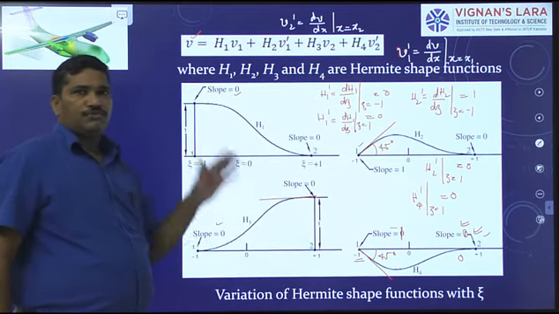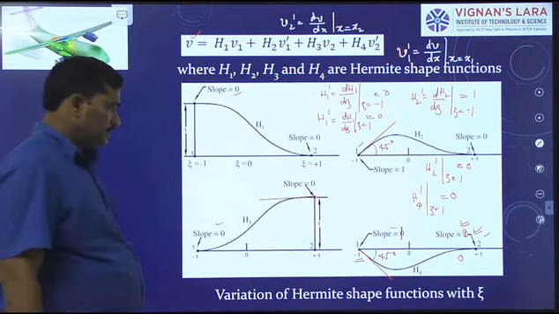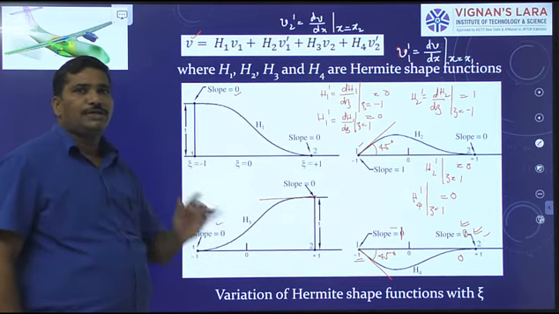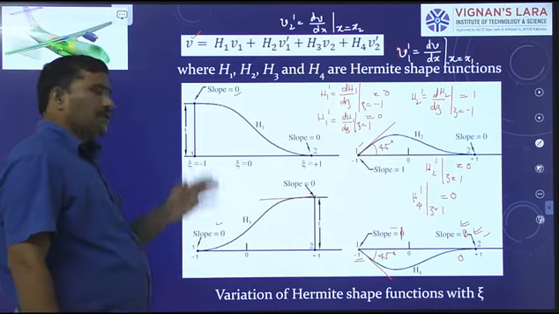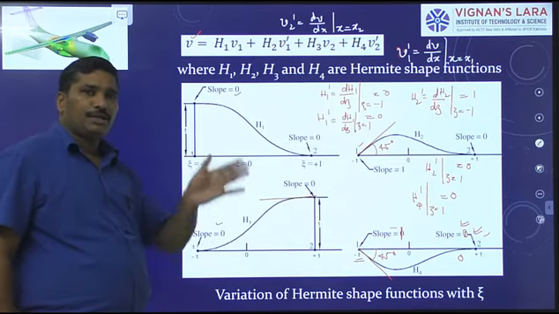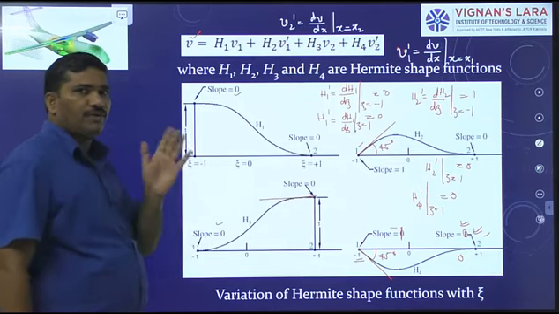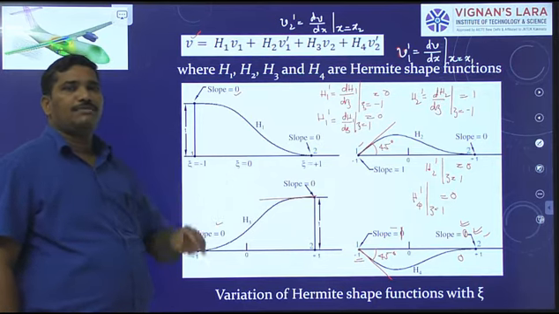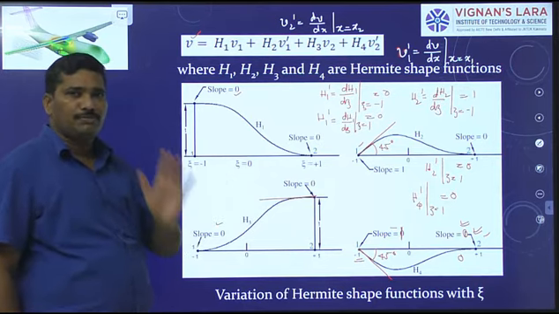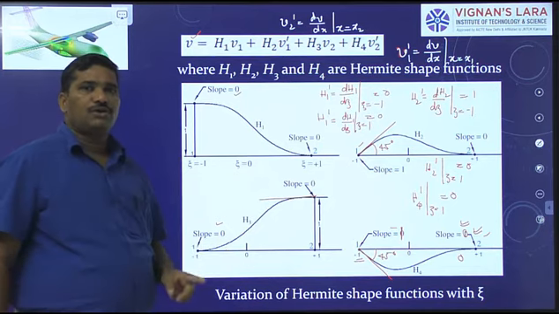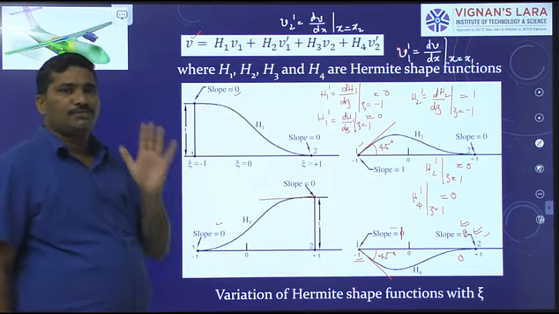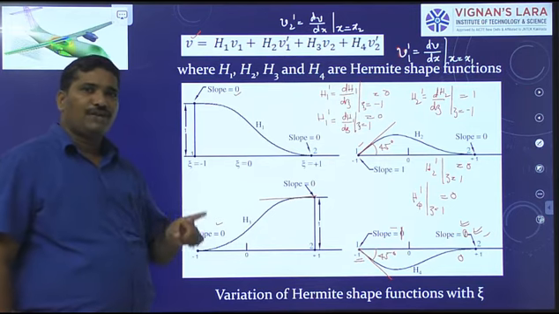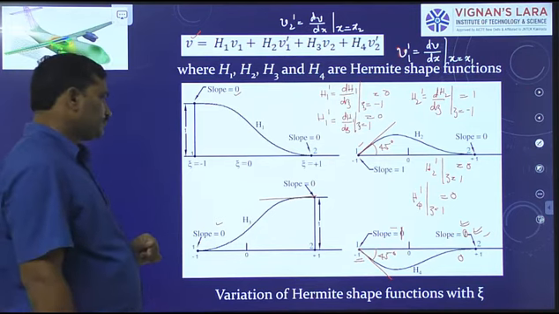Okay? So far, we have discussed the finite element modeling. We have seen the degrees of freedom at each node, and what type of element we take. A two-noded beam element is taken for finite element modeling of one-dimensional beams. At each node, 2 degrees of freedom take place. Right? What do they represent? Beam deflection and slope.